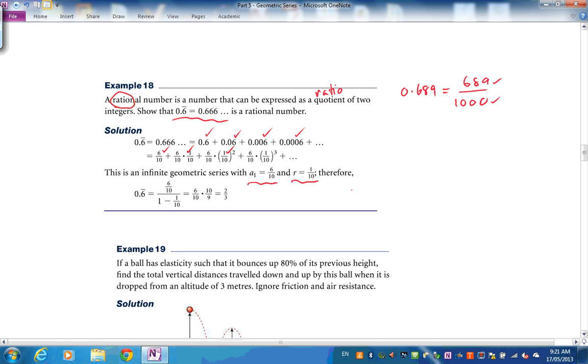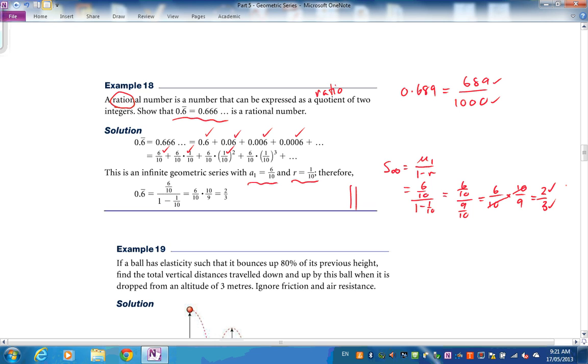So we're summing an infinite number of terms, so it's mu1 over 1 take r, which equals 6 tenths over 1 take 1/10, which is 6 tenths over 9 tenths. Division by a fraction, you invert and multiply. I hope you can explain why that works. So it comes to 6/9 or 2/3. So it is a ratio of integers, even though it doesn't seem so, 0.66666.